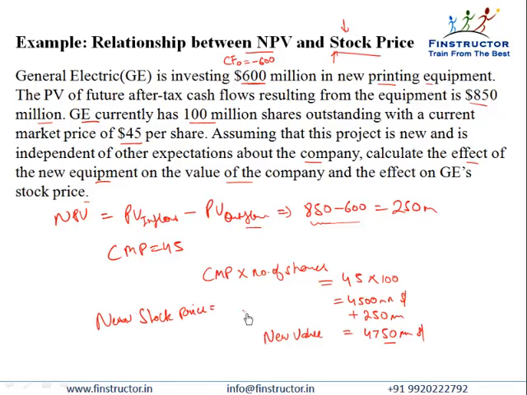It will be the total value upon the total number of shares. That is $47.5 per share. Or you can say that $45 was the current value. An additional value of $2.50 per share will again give you the total price of $47.5 per share.